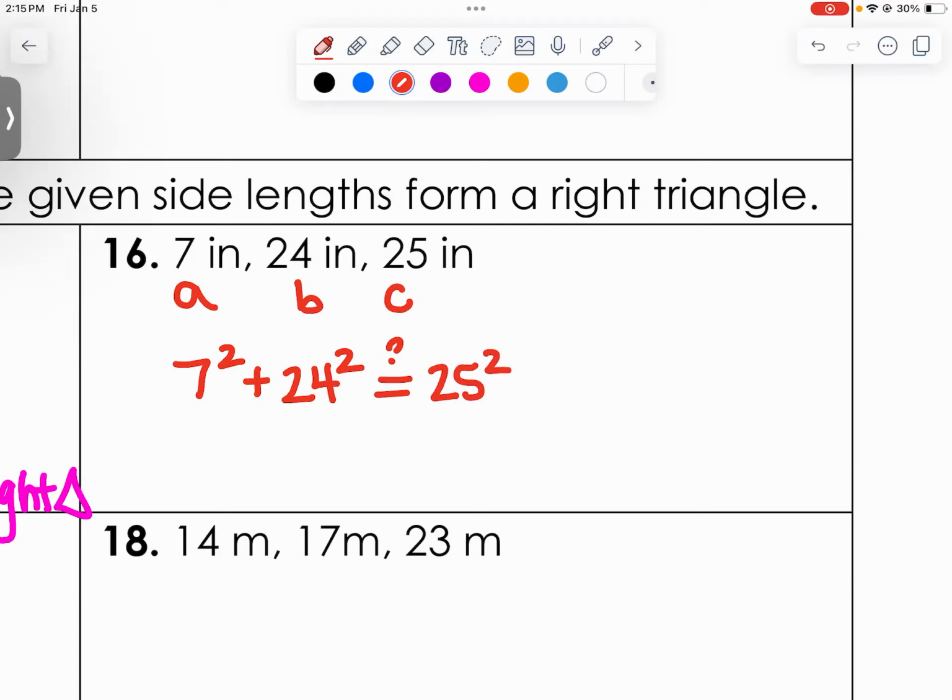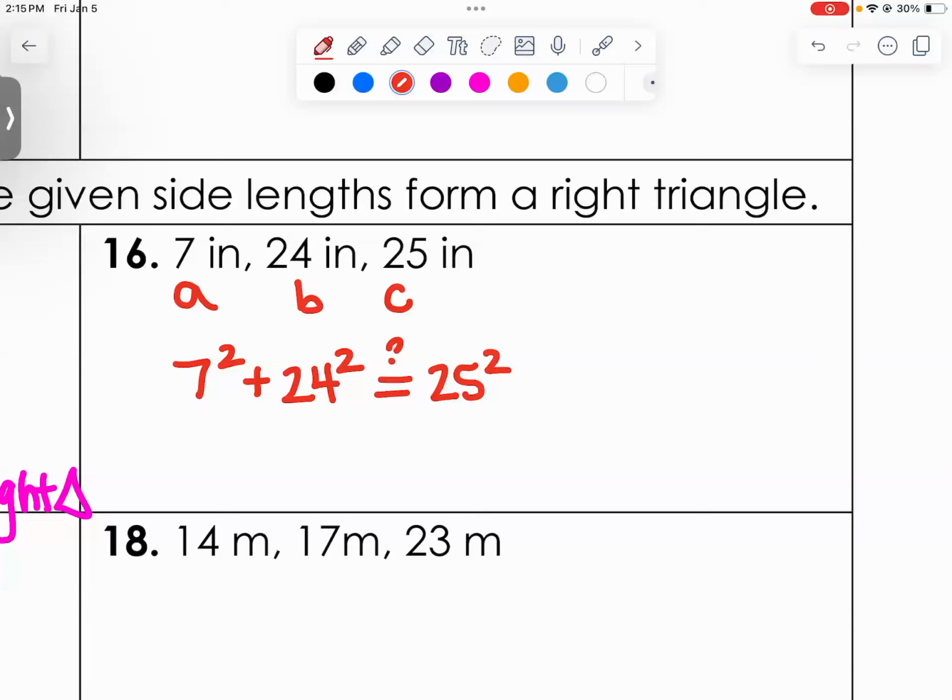Do you have an answer? I was going to say, do we even really need to solve this? Well, we've got to check. So I know 7 squared is 49 and 24 squared is 600 something. Okay.